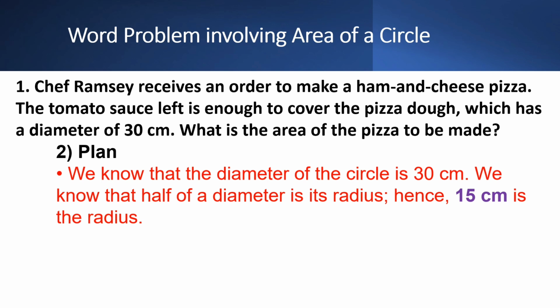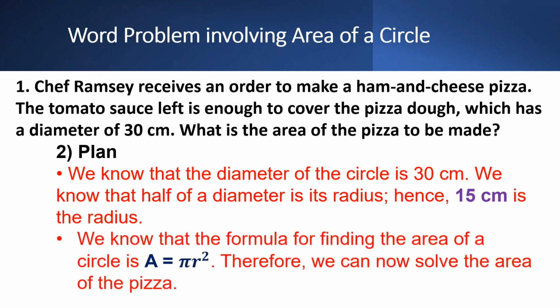Alam na natin that the formula for finding the area of a circle is area equals pi r squared. Alam naman natin yung pi na 3.14. Alam na rin natin yung radius na 15 centimeters, which is kalahati ng 30 centimeters na diameter. So therefore, may plano na tayo. We can now solve for the area of the pizza.